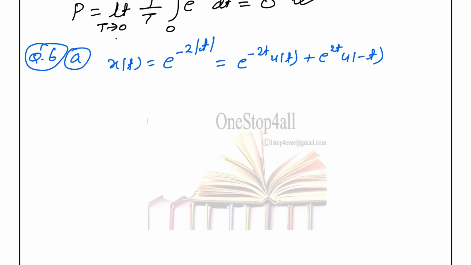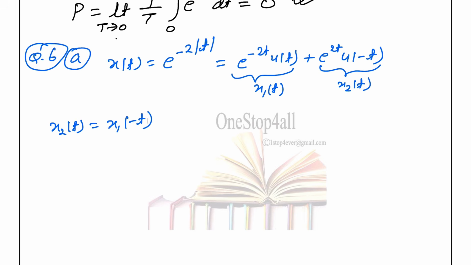Let this one be x1 of t and this one be x2 of t. Now, simply x2 of t is nothing but your x1 of minus t, correct. So, what will be x2 of omega, the Fourier transform of x2?